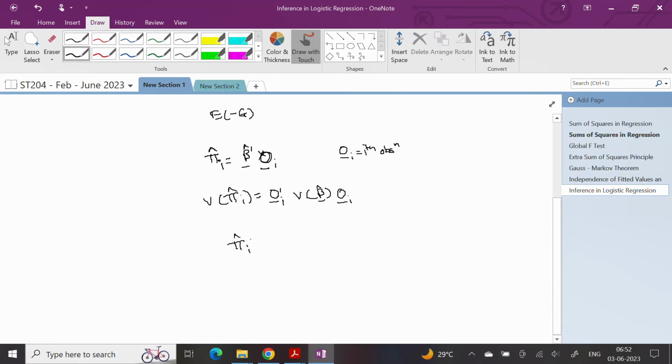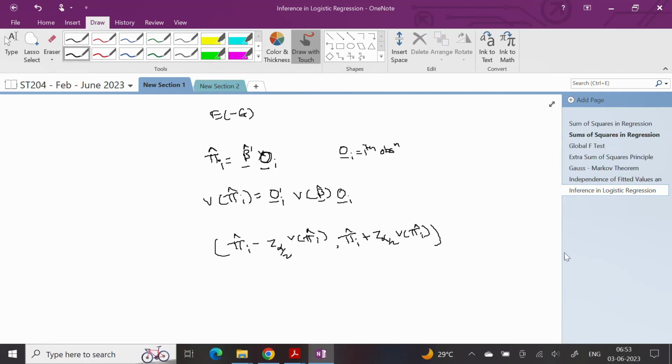The lower limit is pi i hat minus Z alpha by 2 times the standard error of pi i hat, and of course the upper limit will be pi i hat plus Z alpha by 2 times the standard error of pi i hat. This is my confidence interval for the estimated success probability for the ith observation. And once I have this, this is what I need.